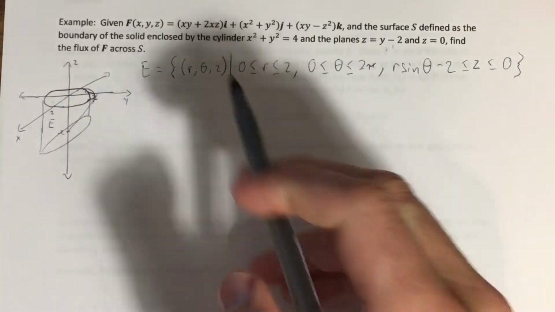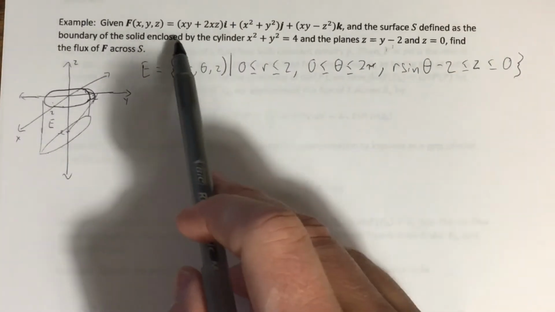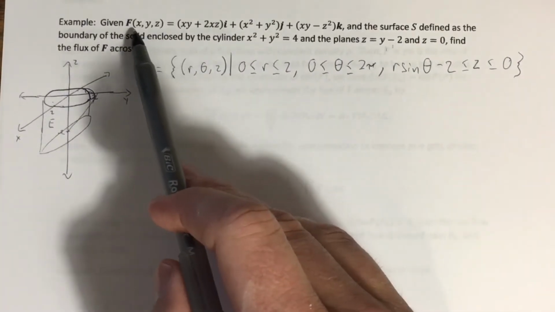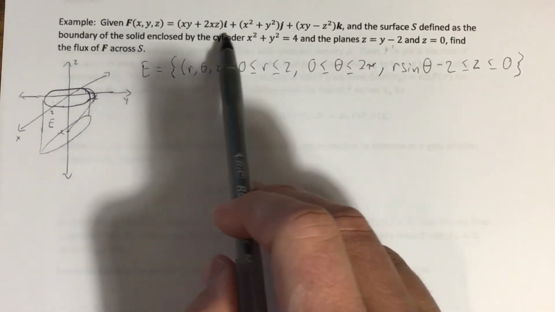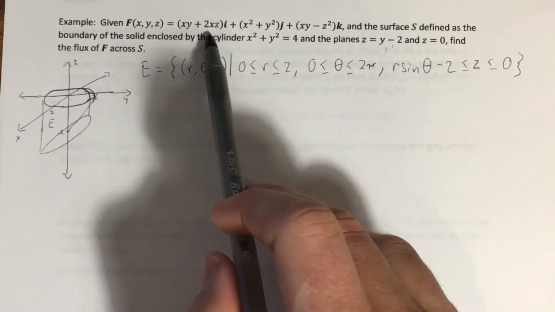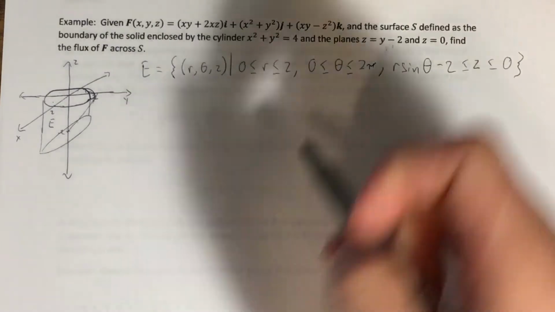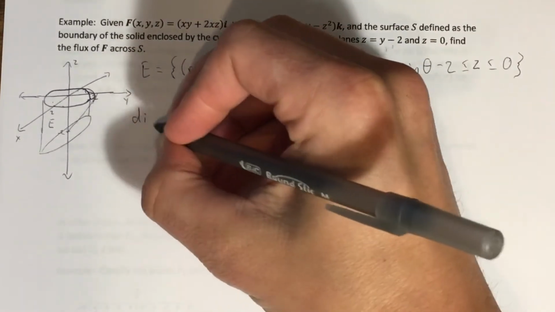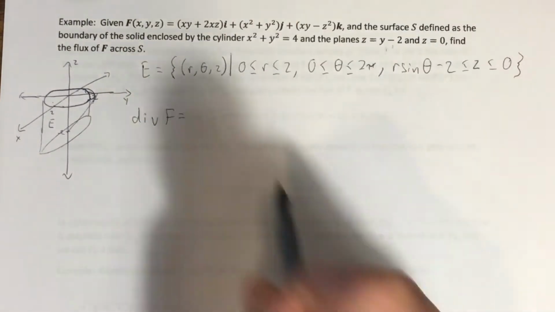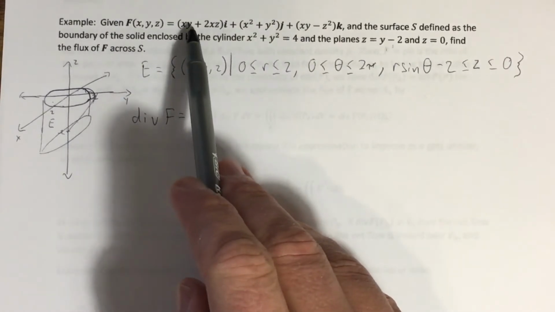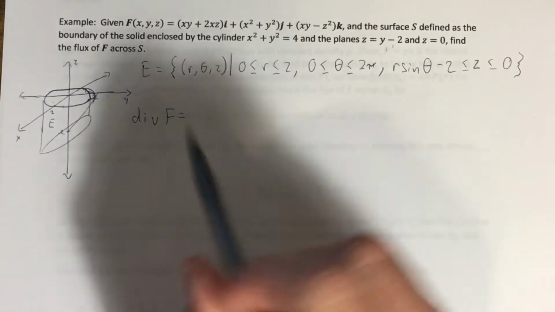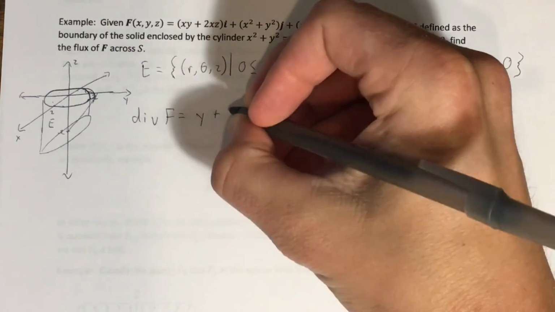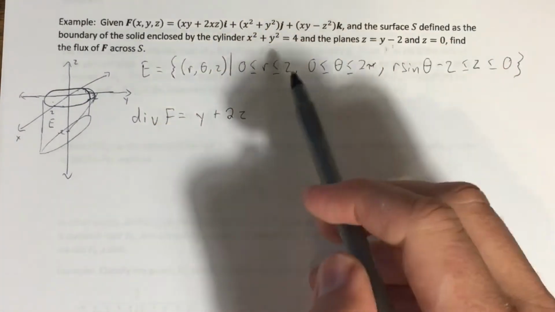I also know that I'm going to need the divergence of F. Now here's the beautiful thing. Right now the vector field looks very complicated, but once I take the divergence, it becomes so much simpler. So what is the divergence of F? Well, differentiate with respect to x first. That's going to give me y plus 2z.